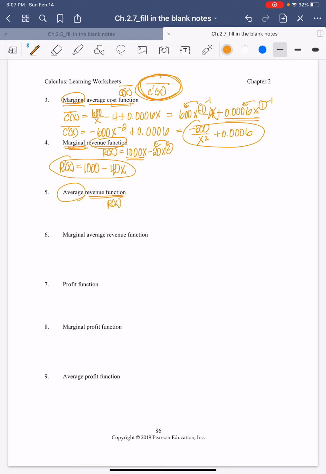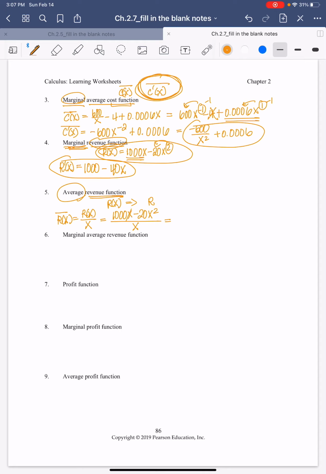What are we doing with the revenue? Take the average. Oh, so I'm going to need to find R bar of x, which is R of x divided by the number of units. Average, total divided by number of units. Well, R of x from earlier, we saw that it was 1000x minus 20x squared divided by x, separating the terms and then simplifying.